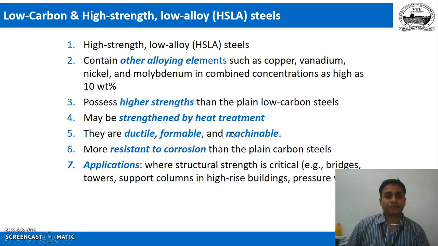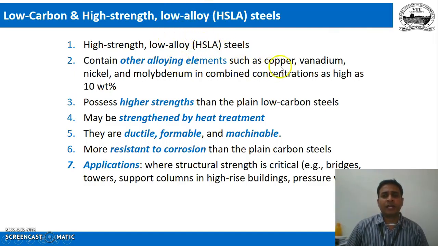Next, in low carbon steels, if you add some alloying elements, we typically call them high strength low alloy steels, or another beautiful name is micro alloy steels. That means you have a very low quantity of alloying elements, typically copper, vanadium, nickel, molybdenum and so on.